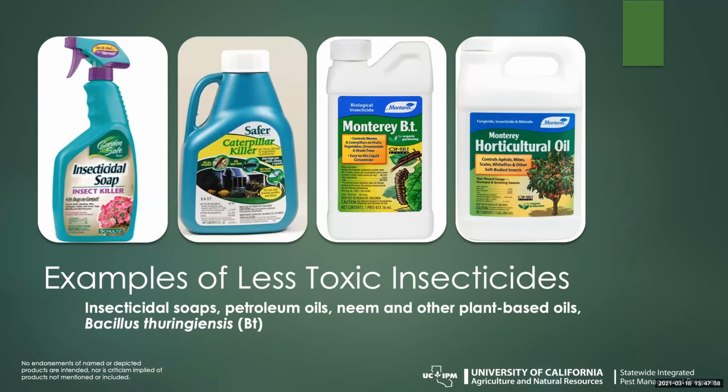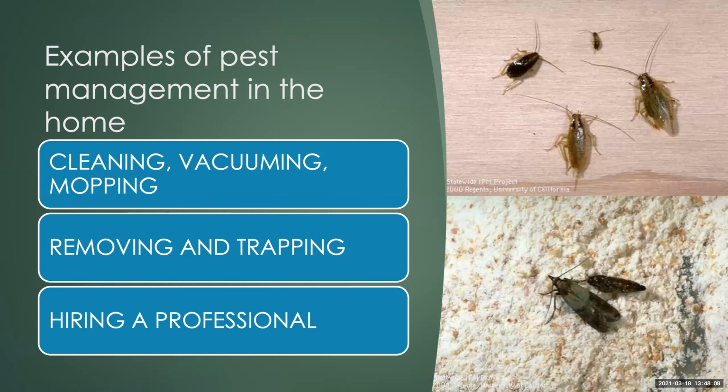So just really quickly, and again, we'll come back to pesticides at a later webinar, there are many examples of pesticides out there that are less toxic. I want to give you just a couple examples of some pests, and then we'll pause for some questions. But in the home, there are several different kinds of pests that might find their way in, and we don't want them to be comfortable.